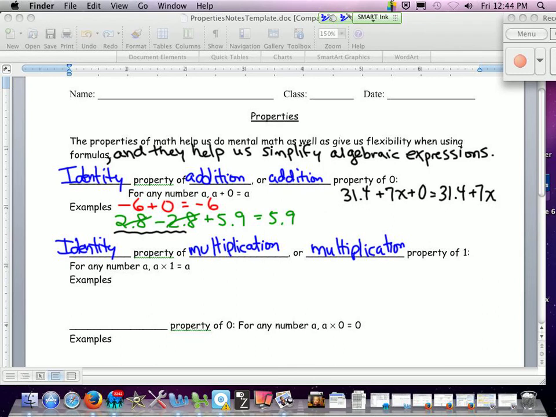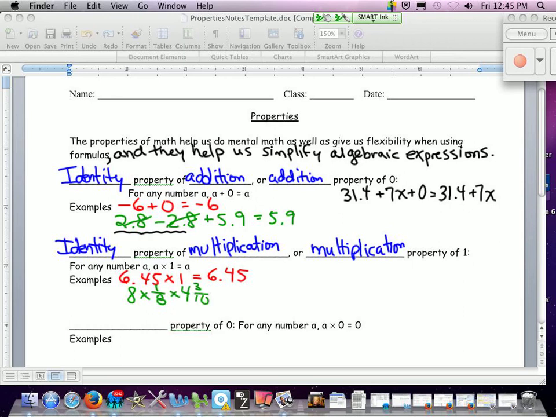So for examples for this one, we might have 6.45 times 1. And you don't have to set it up with multi-digit multiplication and deal with all that stuff. You go, oh, times 1. That just means that's going to go away. But similar to being able to cancel out those 2.8s with that addition and subtraction, I could end up having 8 times, and somewhere down the line, 1/8, and those will end up canceling each other out.